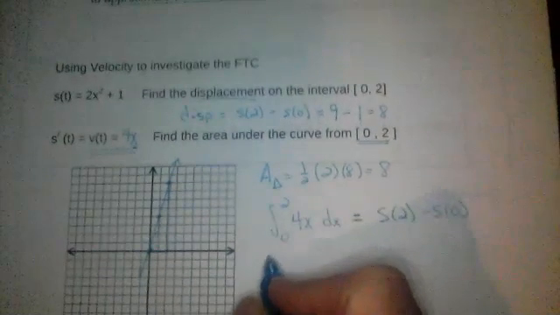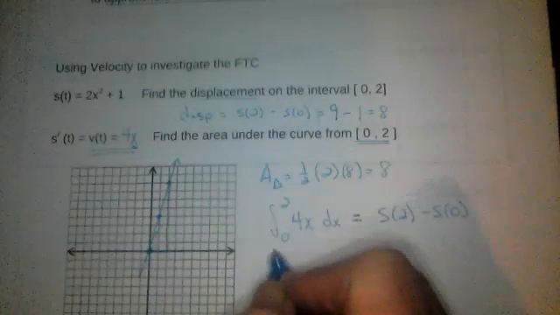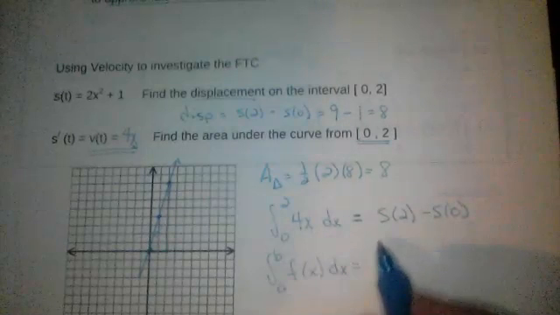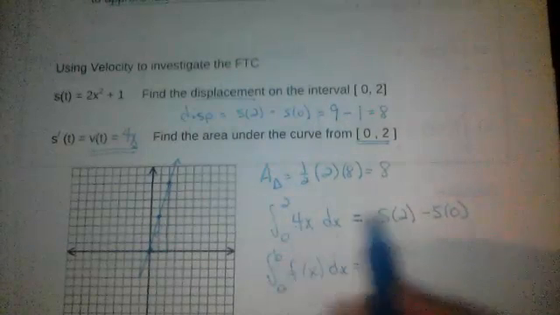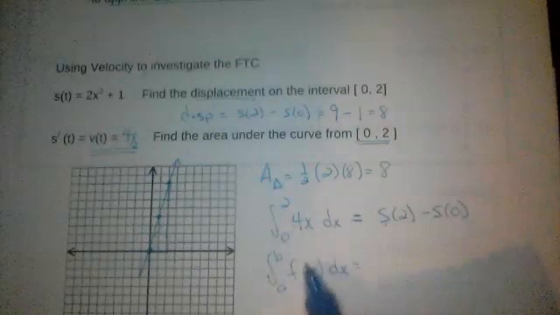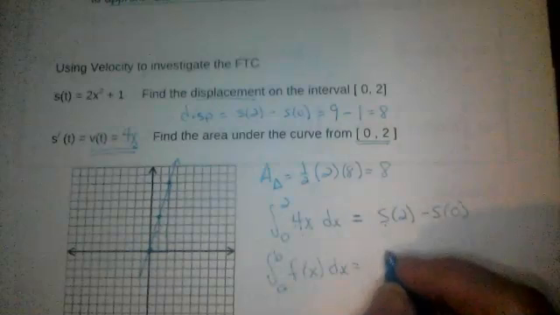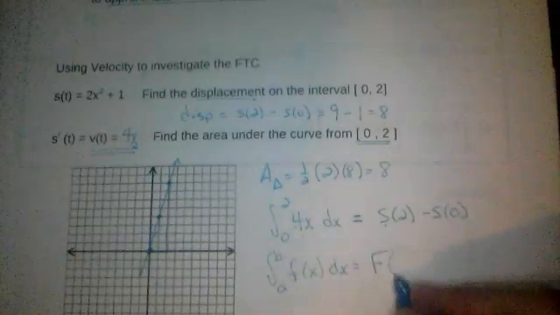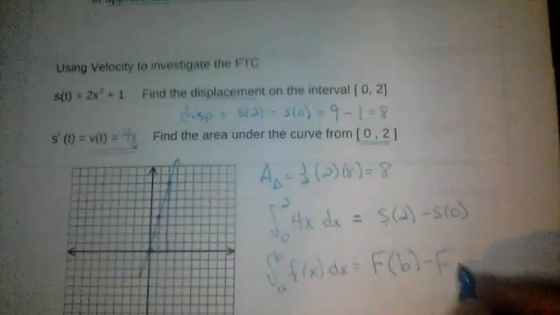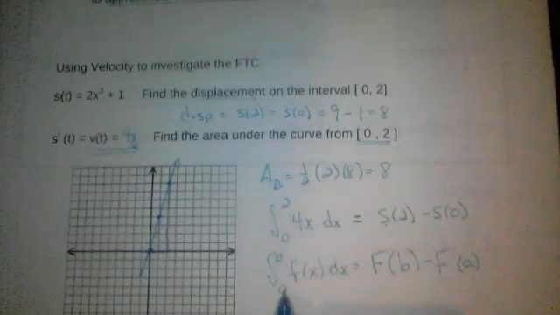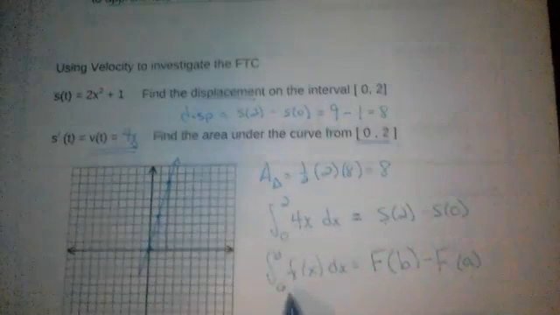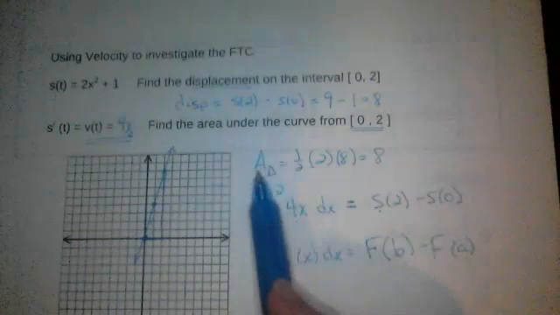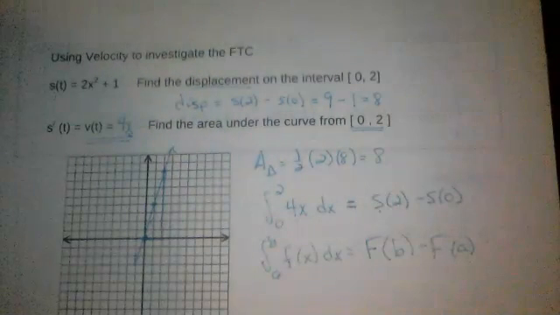So what we're saying here is that anytime I integrate a function, I'm going to get whatever the original function was, because this is velocity. We went back to position, right? So going back to the original, we use a capital F to talk about the original function. So it would be f of b minus f of a. B minus a, top minus bottom. And this is the way that we can evaluate a definite integral other than just finding the area using geometry.